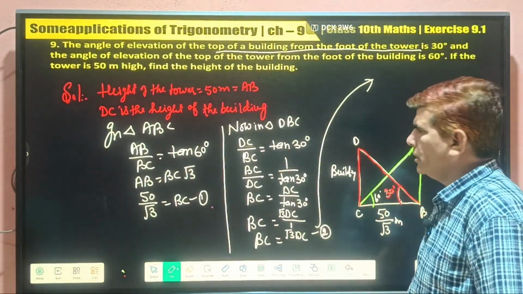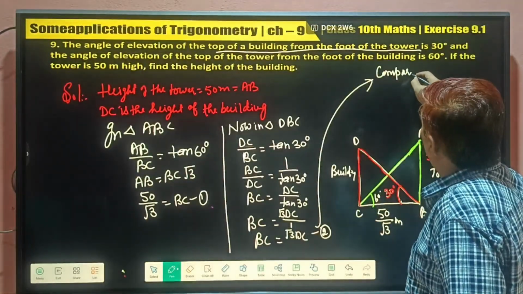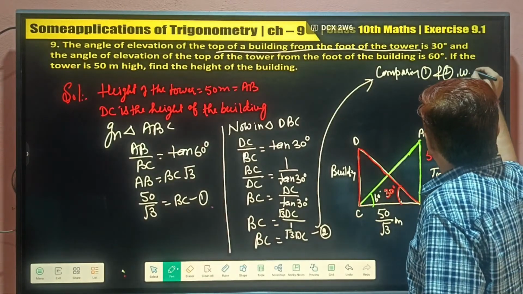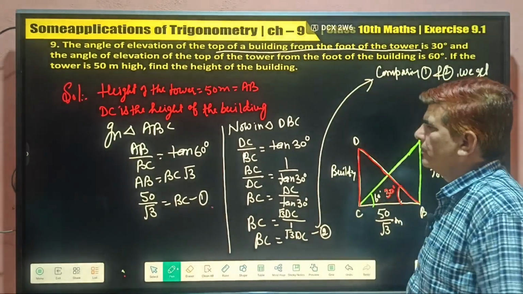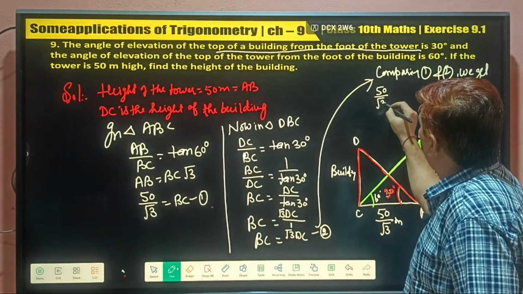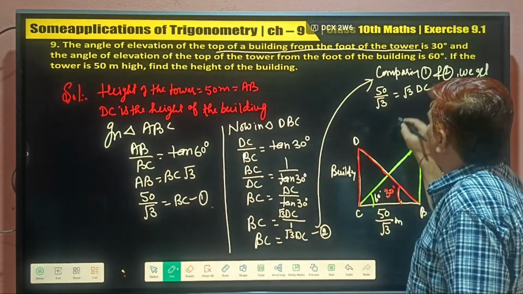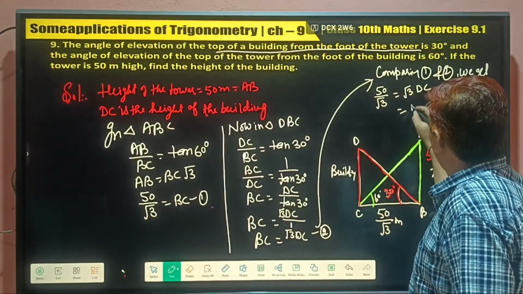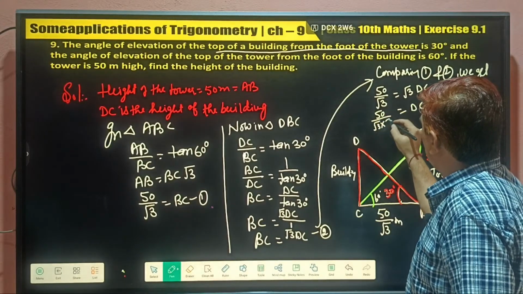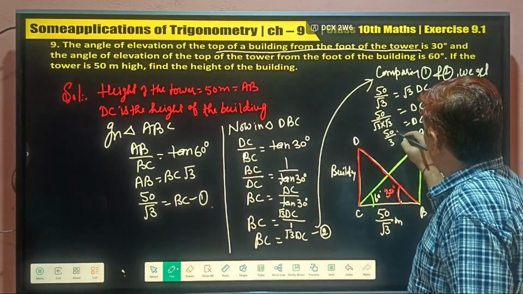Comparing first and second, we get 50 by root 3 is equal to root 3 DC. So DC is equal to 50 by root 3 into root 3, so DC is equal to 50 by 3.